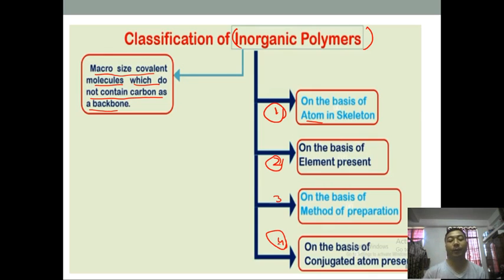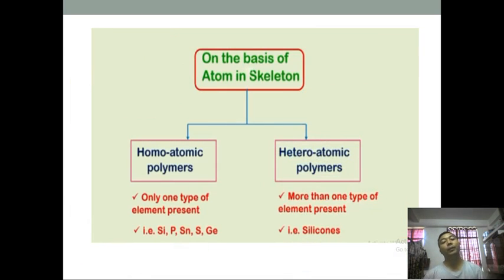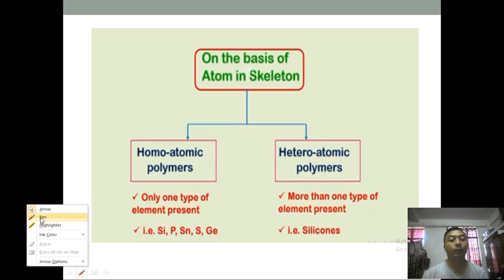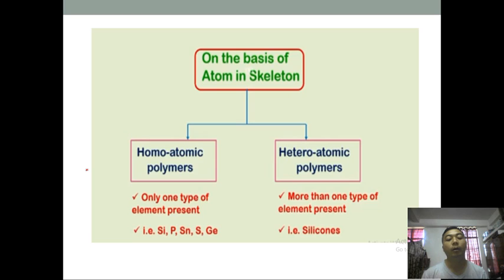Let us see one by one. On the basis of atoms in the skeleton, they are divided into two types. One is called homoatomic polymers. In this type of polymers, you will see only one type of element present, for example silicon, phosphorus, tin, sulfur, germanium.